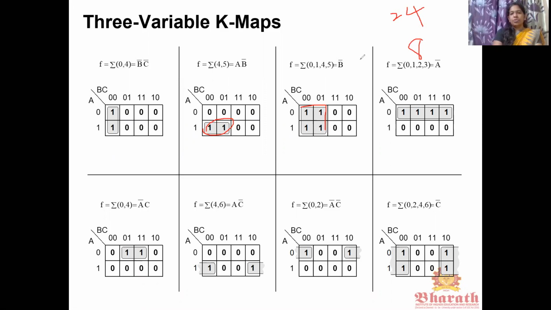We can't group 3 ones or 5 ones. We can't group like this. We can group only in 2, 4 like that only. So see here, 4 ones. We can group because these are adjacency.